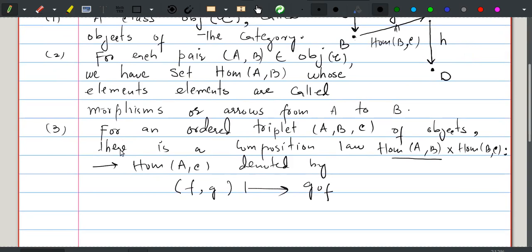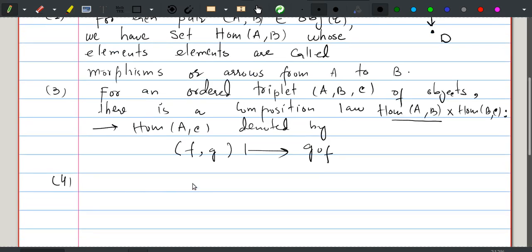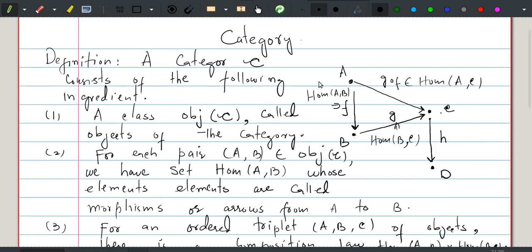And for every object A in the category C, we have the identity morphism, i.e. we have I_A, which is in hom A, A. That is, for each object A we have a morphism from A to A, that is I_A.